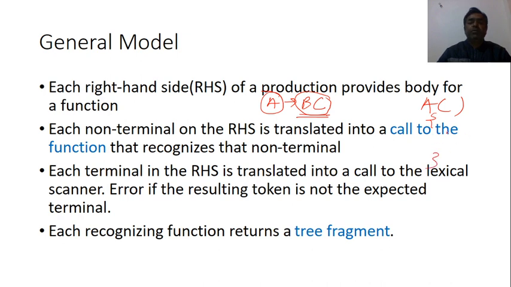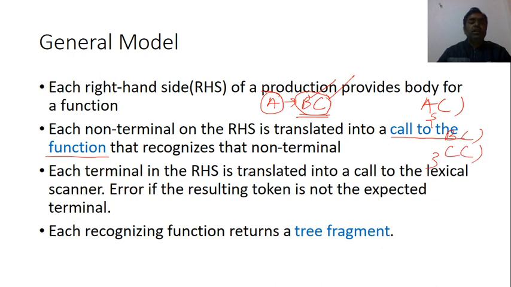Each non-terminal on the RHS is translated into a call to the function that recognizes that non-terminal. When you write the function for A, inside that you will call B, because this is a non-terminal, and C is also a non-terminal. You will call B as well as C.